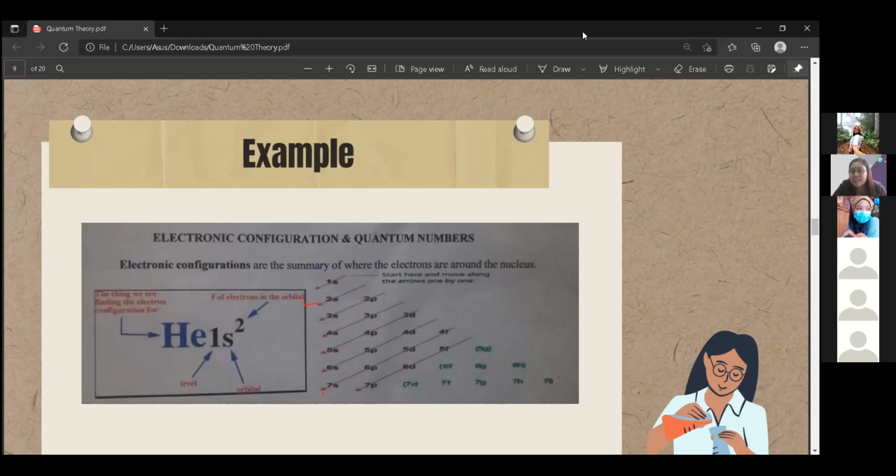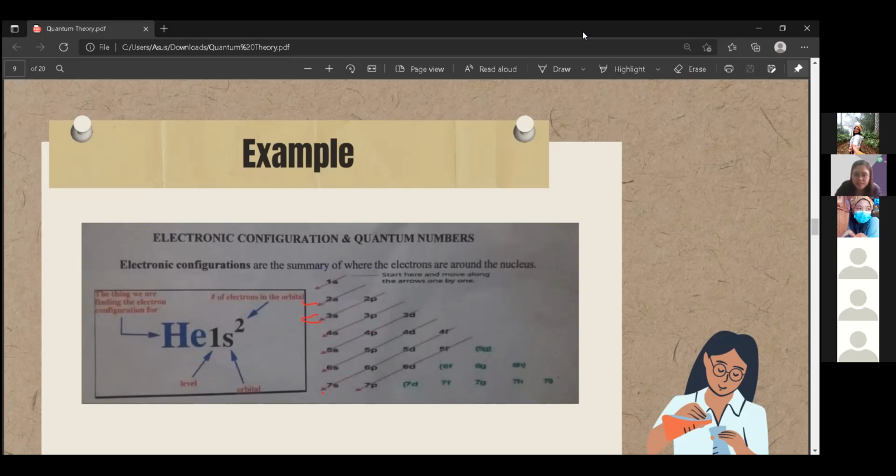While the D subshell will start on the third energy level. So pagdating sa third energy level, meron kang S, P, and D. While the F will start on the fourth one.